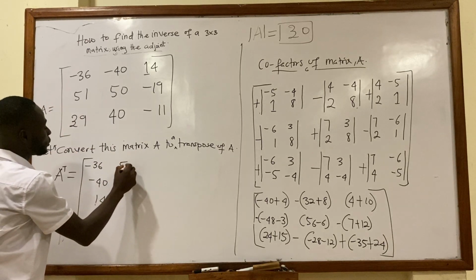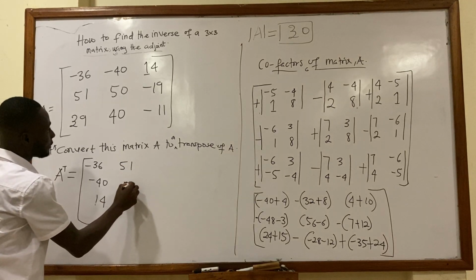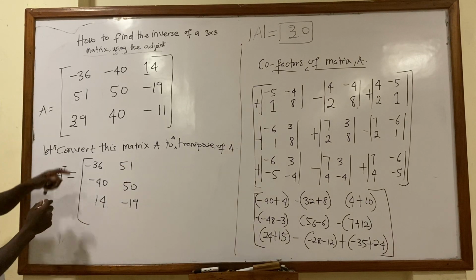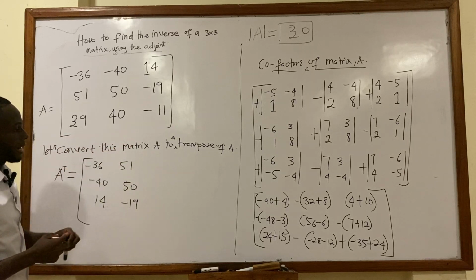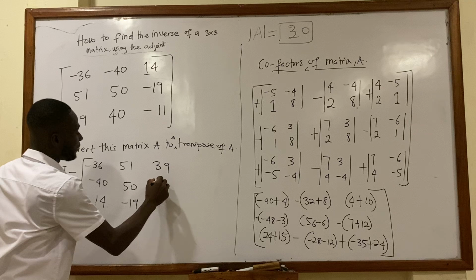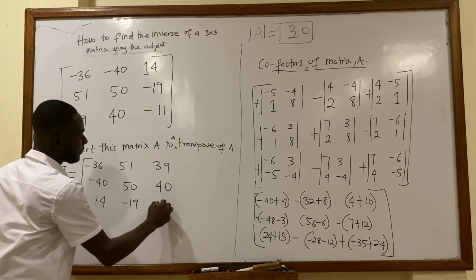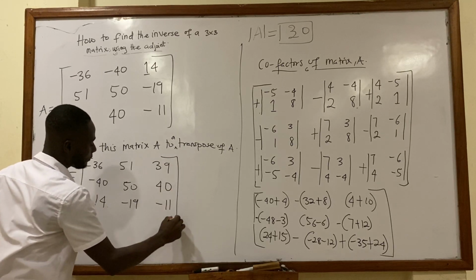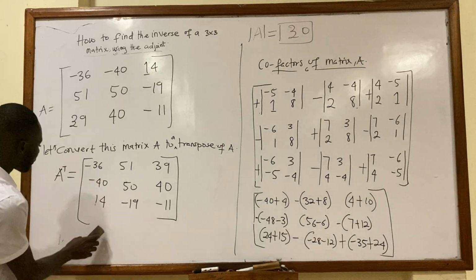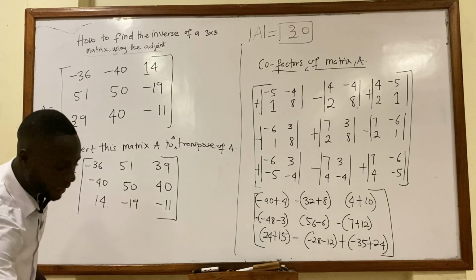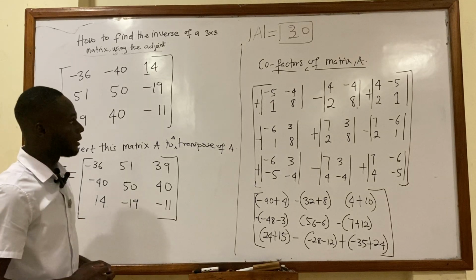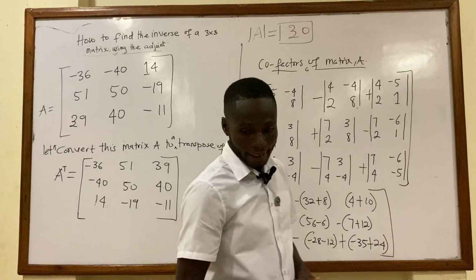So we have 51, 50, minus 19, and then our last row is going to be our third column. So we have 39, 40, and minus 11, right? So this is the transpose of the cofactor matrix A, right?